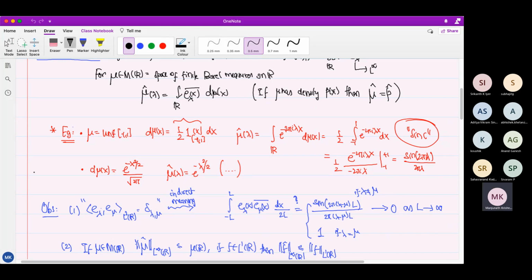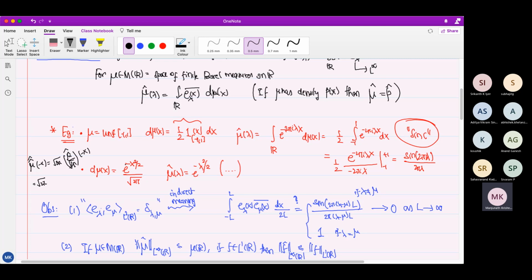For this particular example, mu hat of minus x, what is it going to be? Mu hat is actually Gaussian, except that the square root of 2 pi factor is not there. So I can write 2 pi times mu hat over 2 pi, square root of 2 pi, and then take the hat at minus x, which will give me square root of 2 pi.